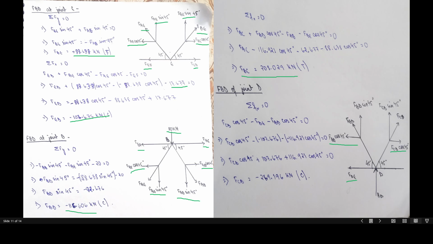We'll write FCD cos 45 degrees minus FDE minus FBD cos 45 as 0, since these are acting in the opposite directions. And we consider the left side one as negative and right side one as positive. So we'll solve this and get the value of FCD as minus 269.196 kilonewton, and it's negative, so we'll simply write it's in compression.